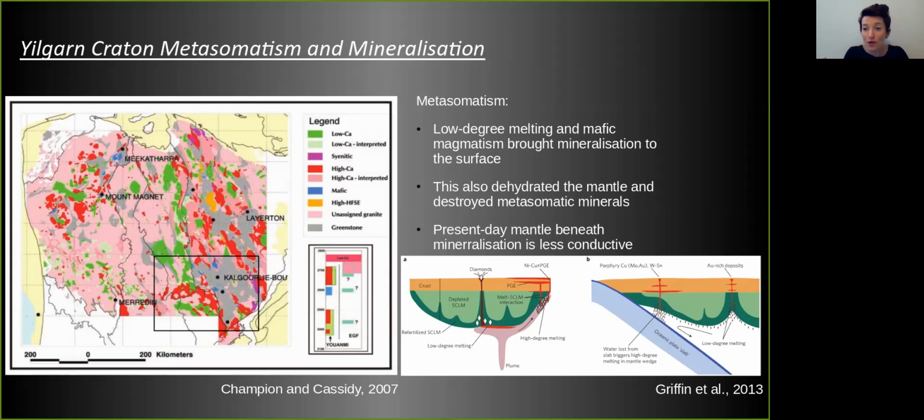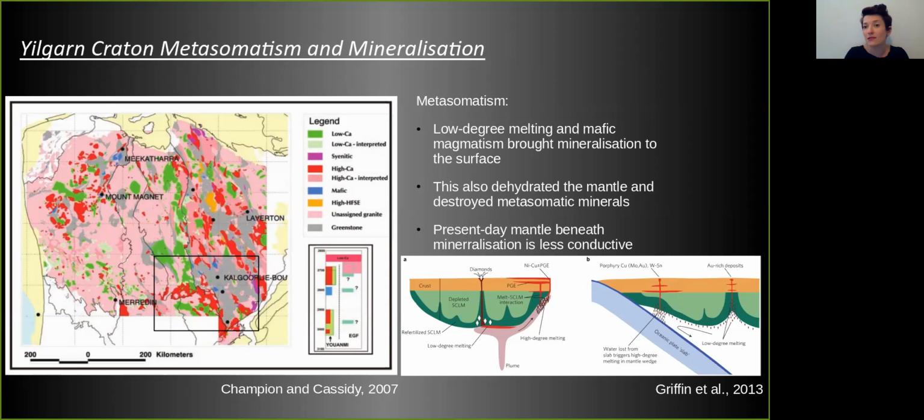And in that process, it's likely to have destroyed a lot of those metasomatic minerals within the mantle. They've been brought to the surface. So I think maybe it actually makes a lot of sense that we're seeing a slightly more resistive lithospheric mantle beneath the mineralisation within the Eastern Goldfields.